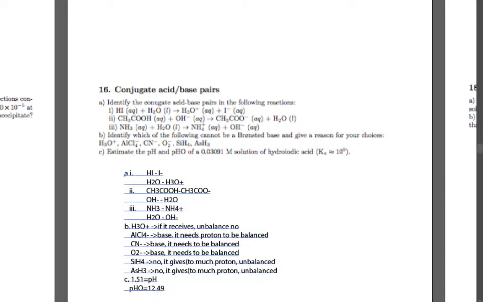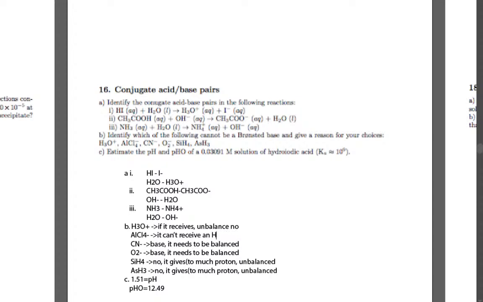Before we get started, we have some mistakes. This guy here is AlCl4. It can't receive an electron, because of reasons. Oh wait, no, sorry. It can't receive an H plus.